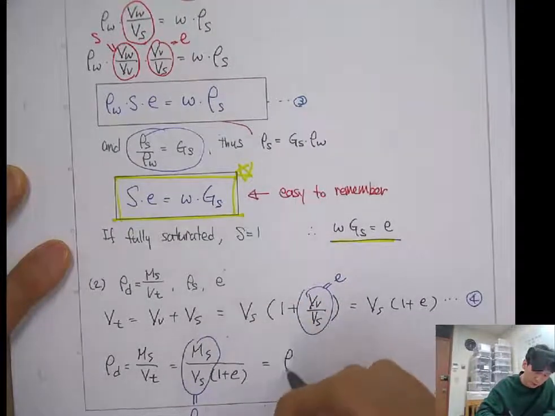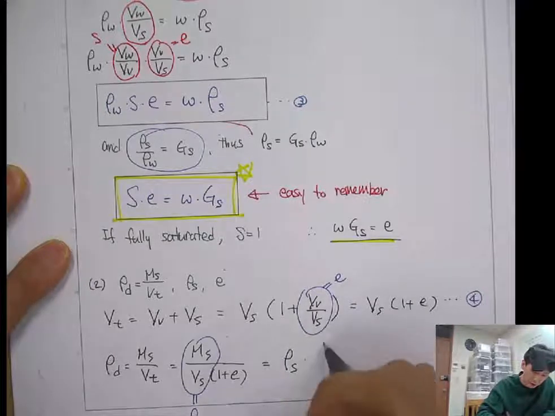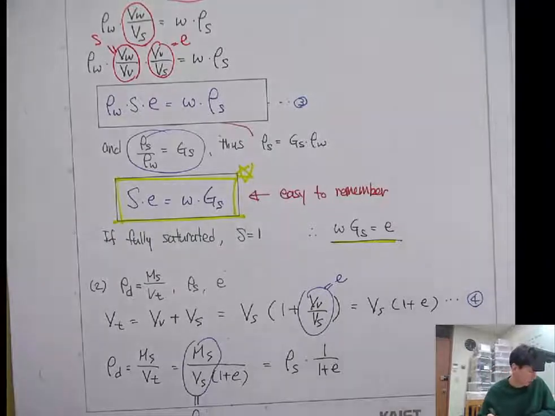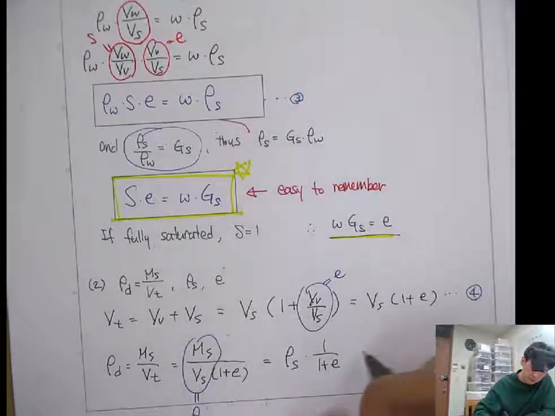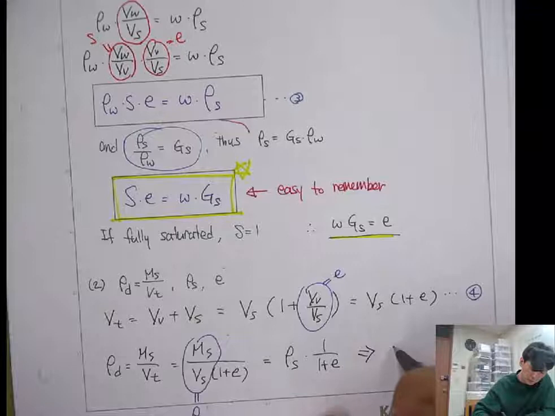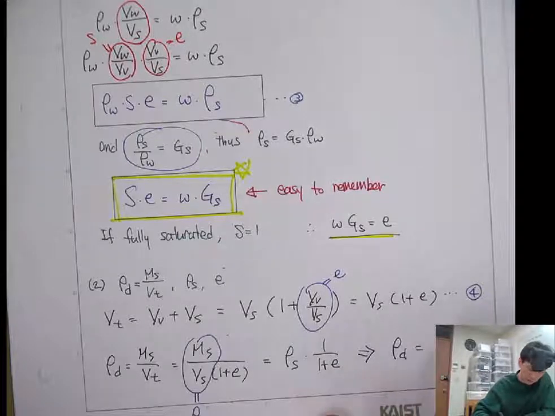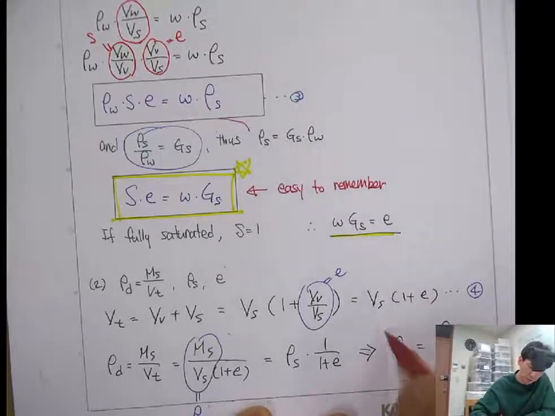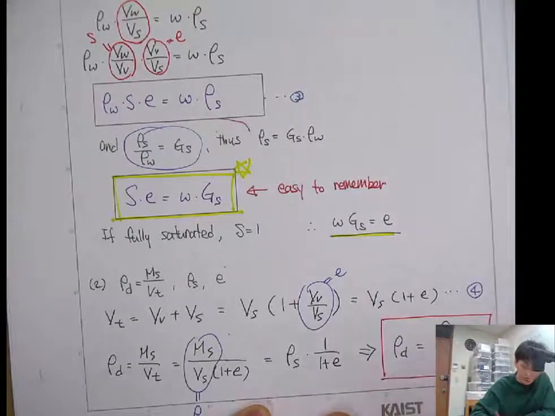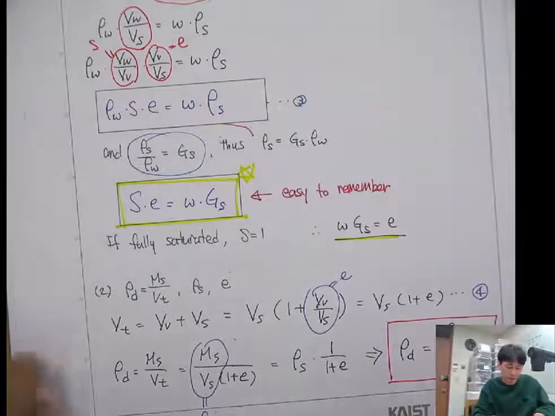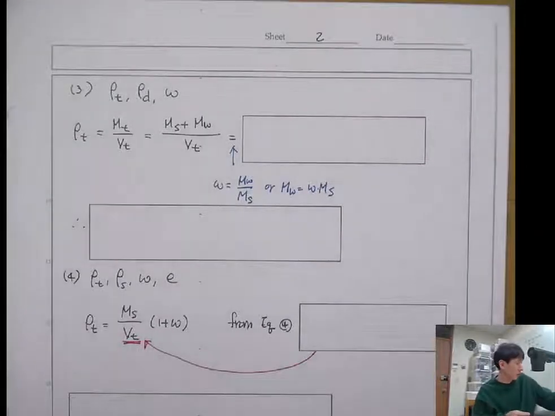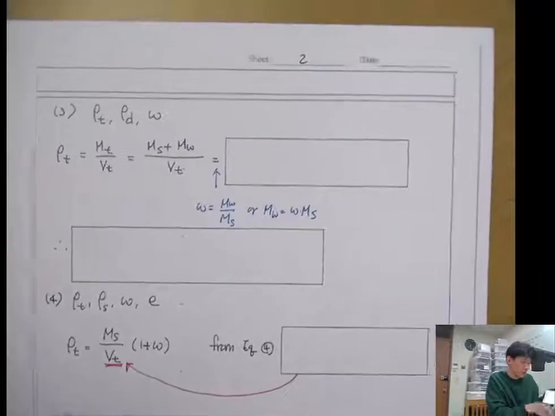So the final equation will be rho d equals rho s times 1 over 1 plus e. So this will be the one relation. Then you can remember it well. Okay, so in the next page, there's a third one that we're gonna derive.